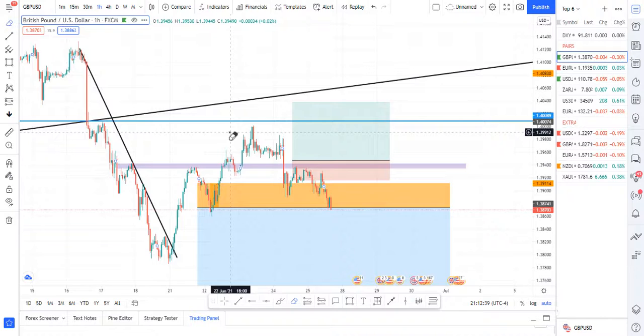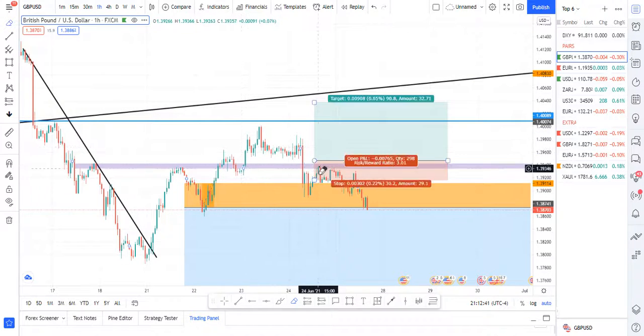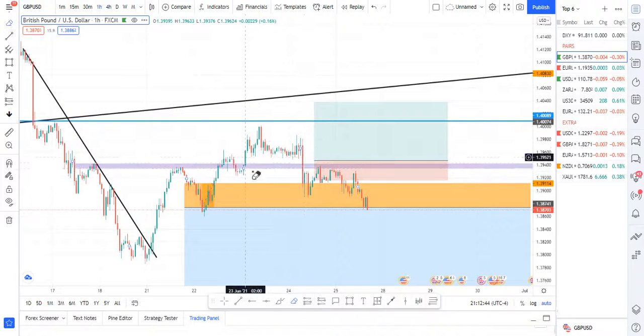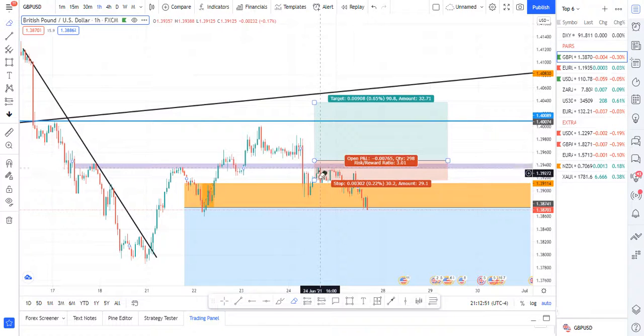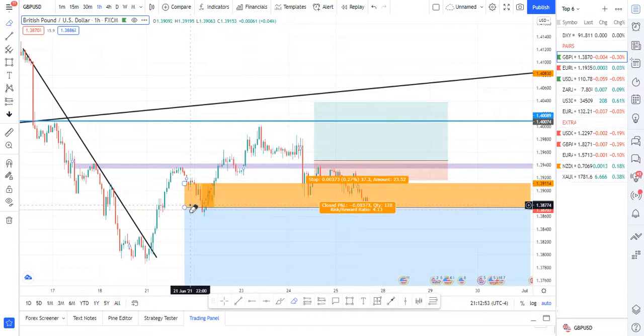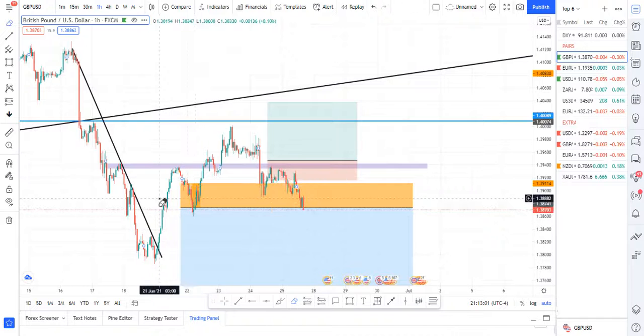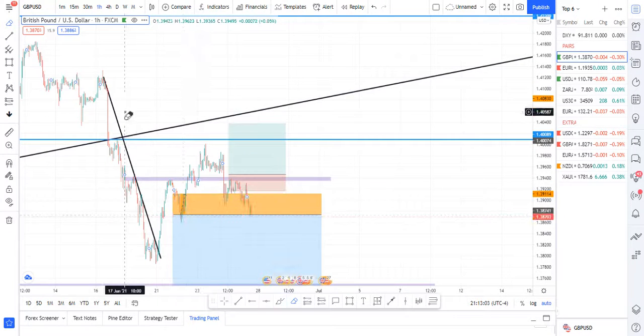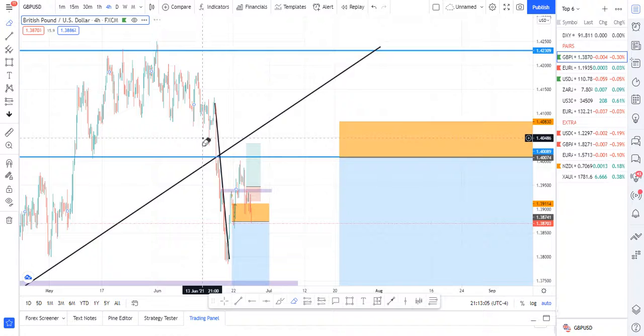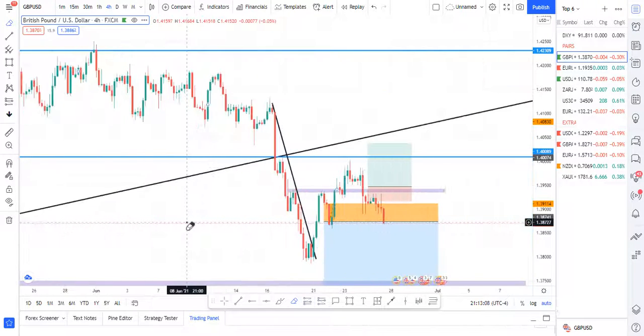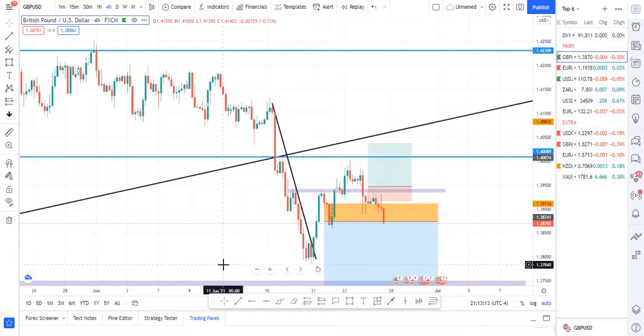But as you can see, it ended up hitting this line. So it turned from resistance to support, from support to resistance. You see, it came back and hit it here. Then I put my target here, saying that I want to enter around here if it has to go to the downside, because this is a correction.